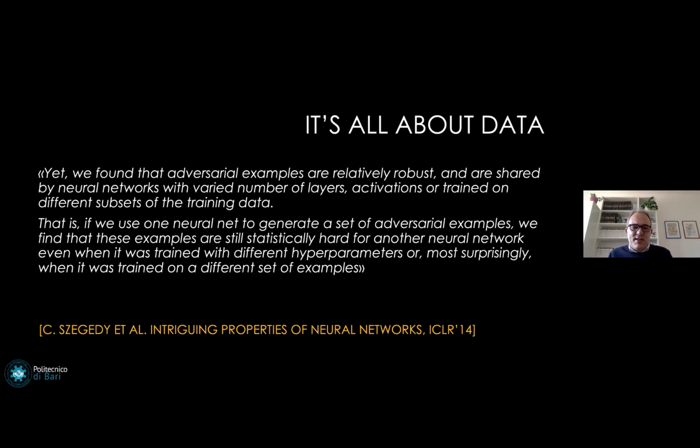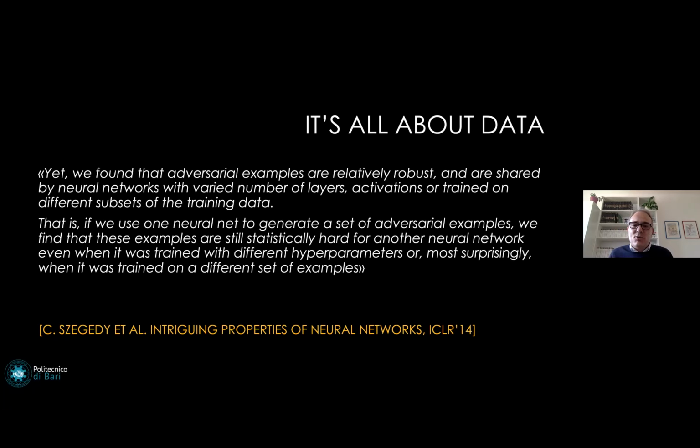But the second sentence is even stronger, because they say that if we use one neural net to generate a set of adversarial examples, these examples are still statistically hard for another neural network, even when it was trained with different hyperparameters or on a different set of examples.